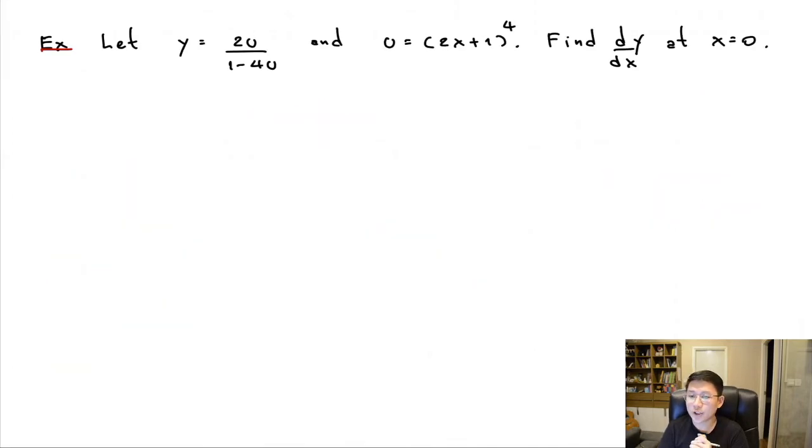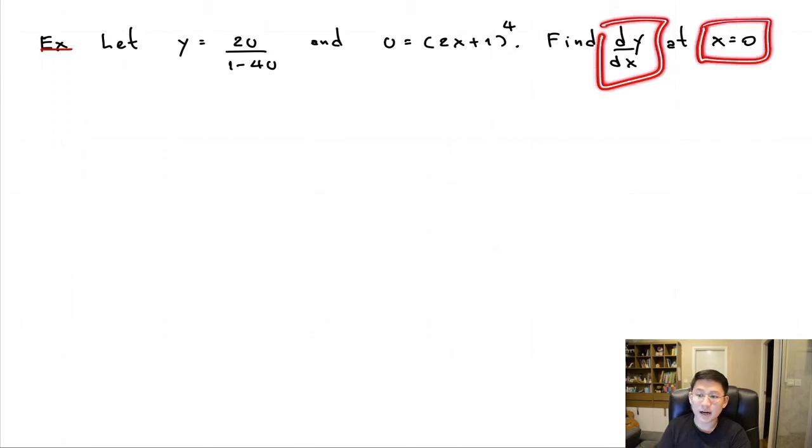Okay, for this question, again, we want to find the derivative dy by dx at x equals 0. So first I'll find dy by dx, and then I will let x be 0 later.